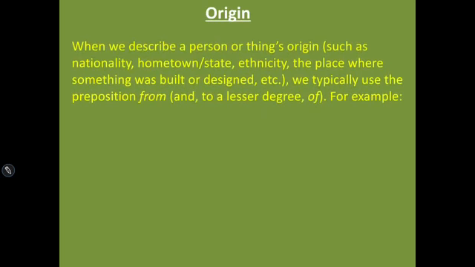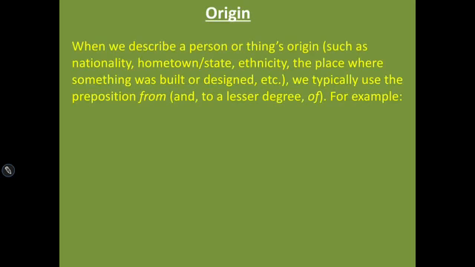Next is origin. When we describe a person or thing's origin, from where it originated, such as nationality, meaning which nation he belonged to, hometown, state, ethnicity, the place where something was built or designed, we typically use the preposition from and, to a lesser degree, of.